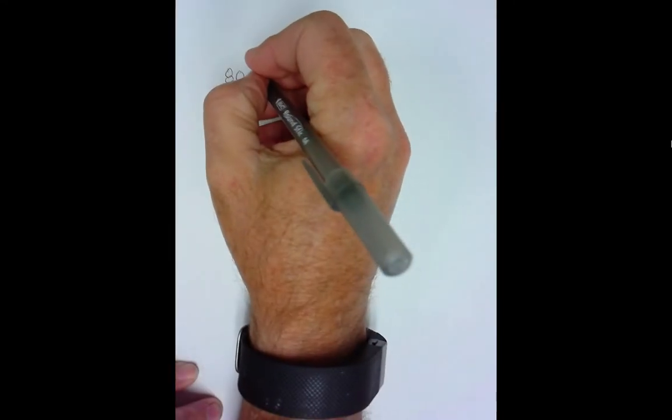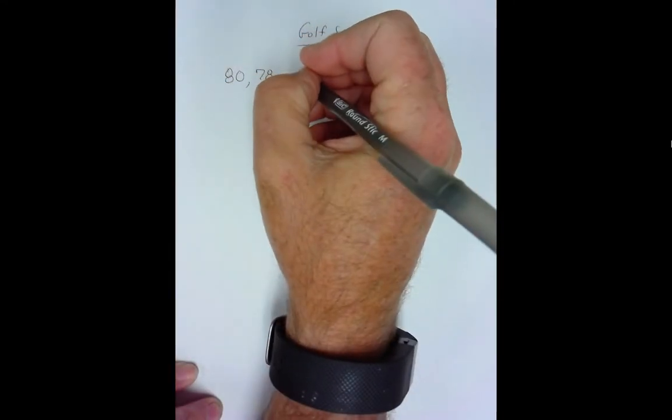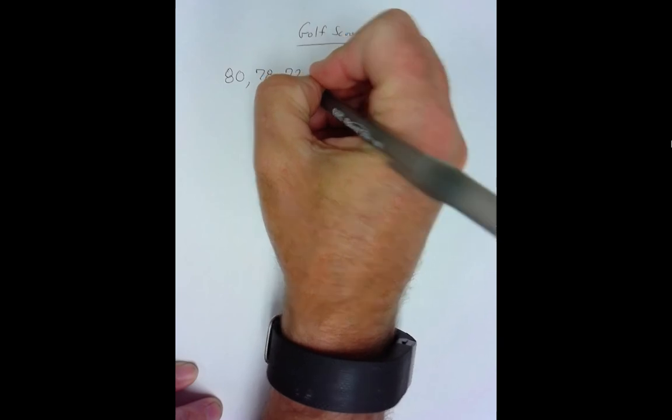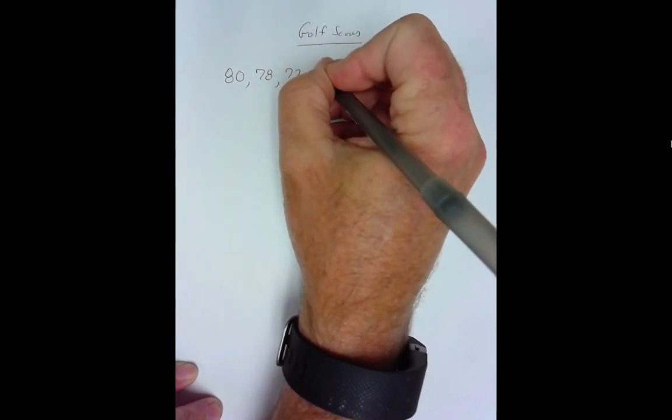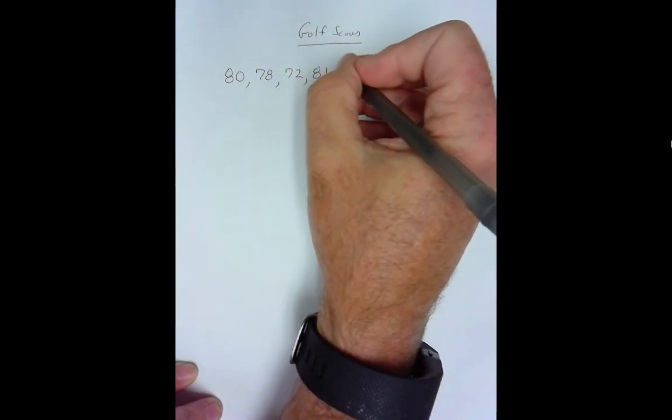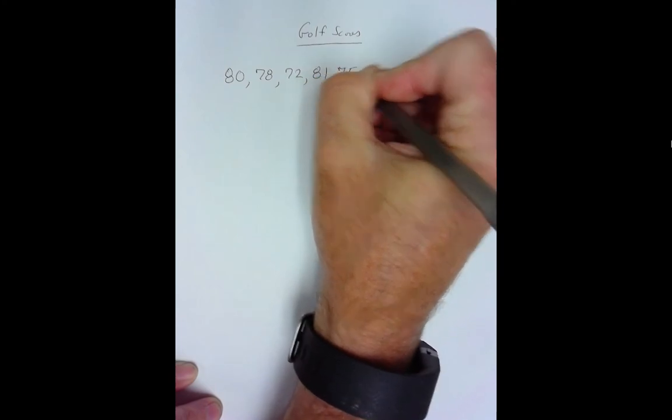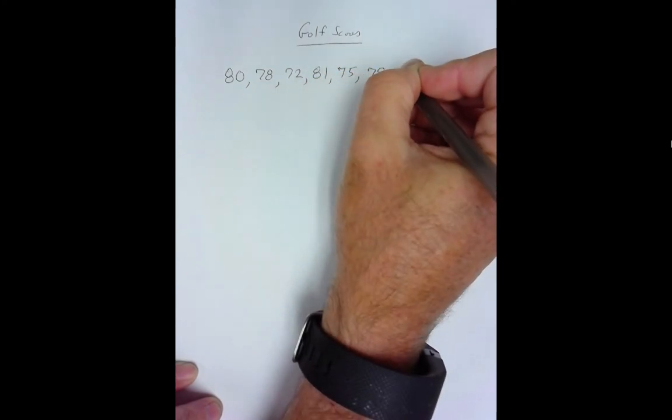So 80, 78, 72, 81, 75, 79, and 81. These days, that's kind of right on target with what I would shoot. I used to be a much better golfer than this, but I just don't take it as seriously anymore. And life got in the way. Life responsibilities got in the way of golf.